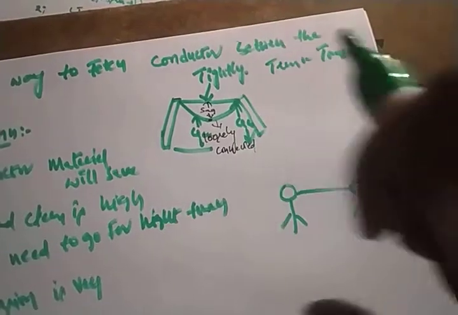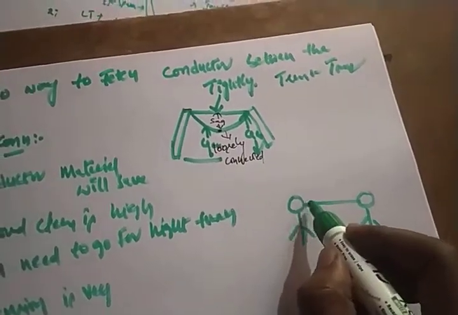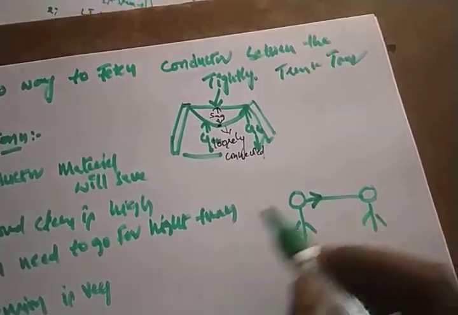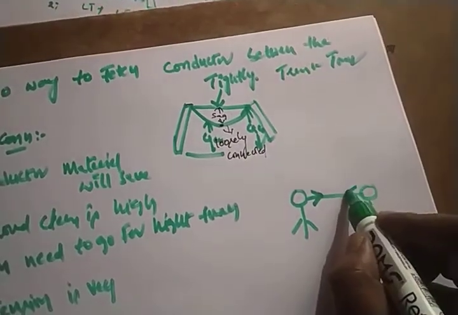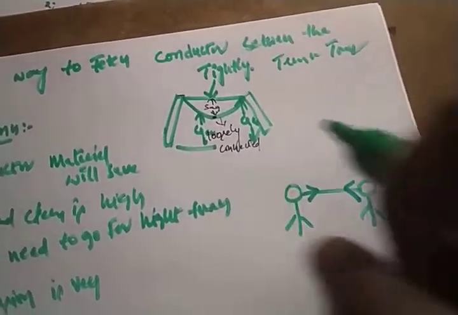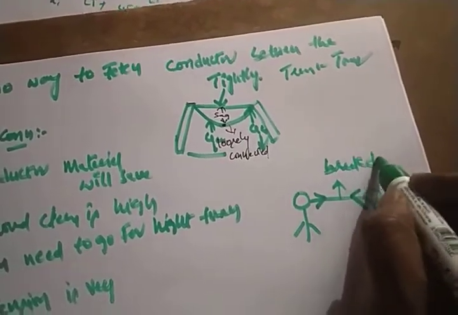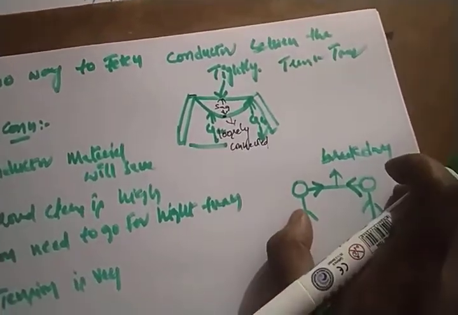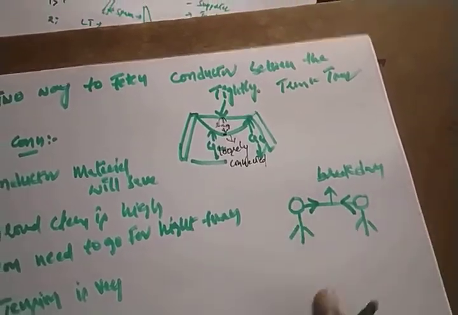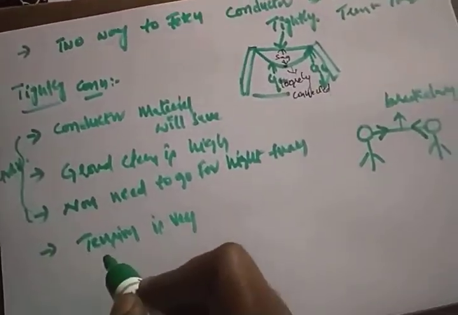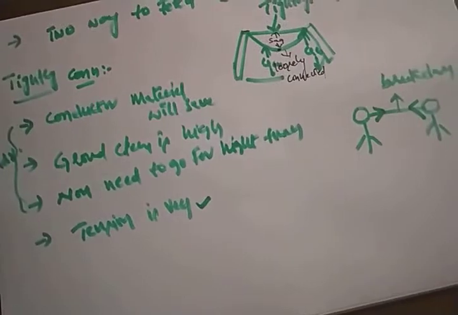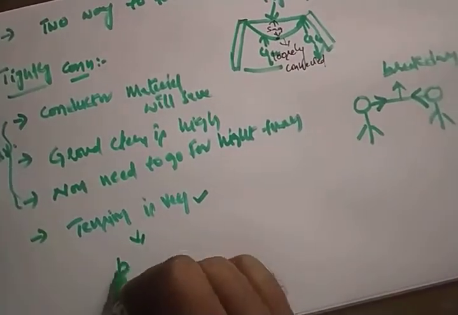There is too much stress, whatever force acting from this side and another force acting from the other side. If it is too much stress, there must be a possibility of breakdown. In the tightly connected case, the tension is very high, so a breakdown occurs.